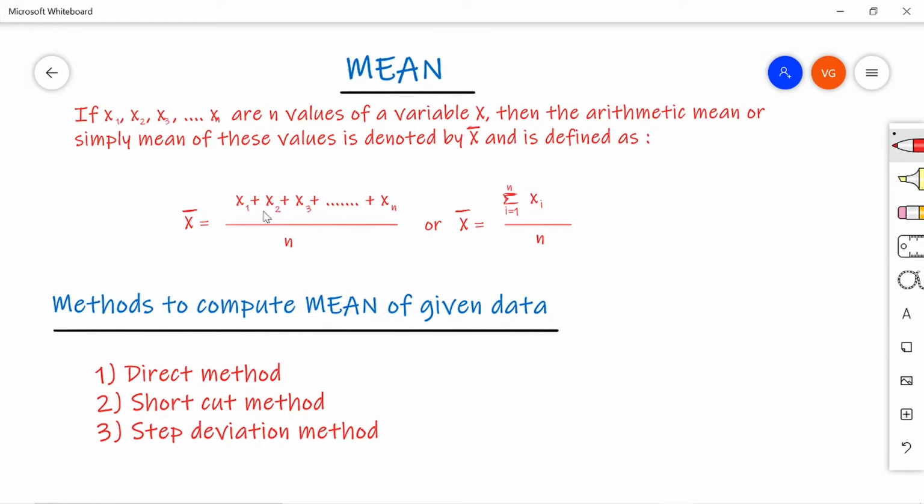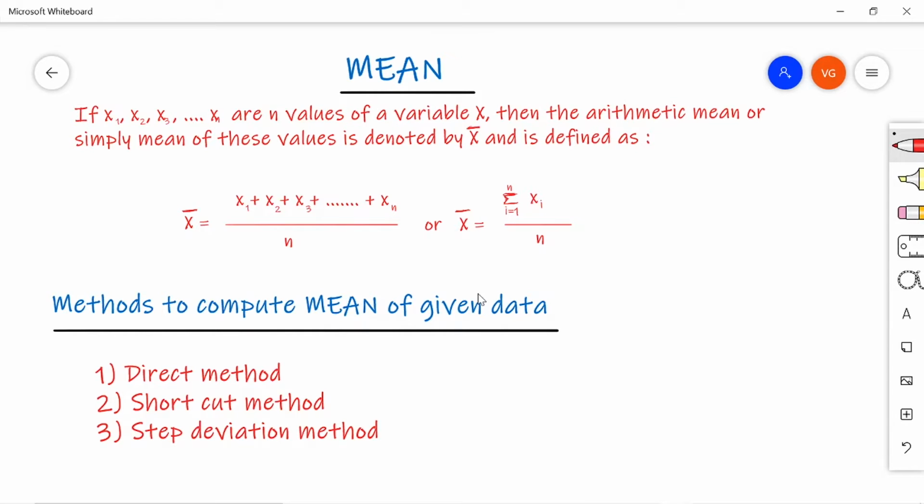That is nothing but the sum of all the n values of the variable x divided by the total number of values, n. So x bar is simply written as sigma i running from 1 to n of xi, divided by n.